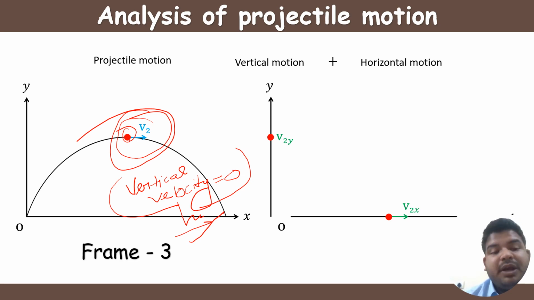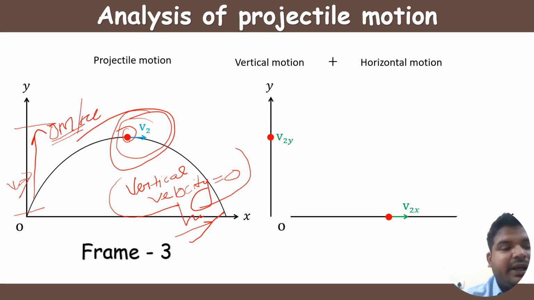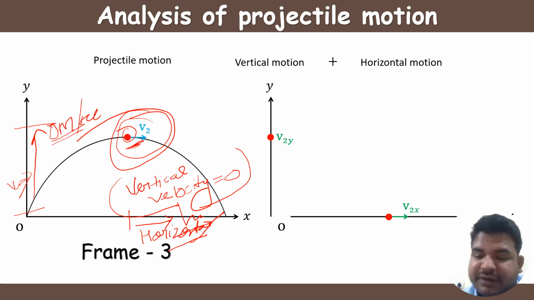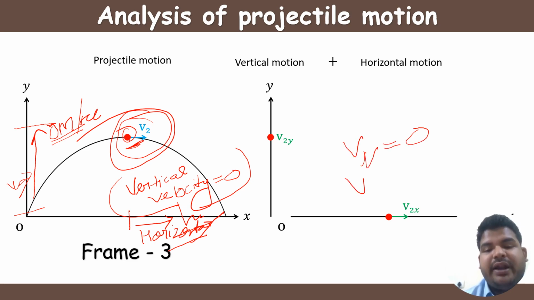How is it zero? Because when the vertical velocity reaches its maximum height, its value becomes 0 meter per second. And what remains? Only the horizontal velocity. So at the top of maximum height, only one thing remains, that is horizontal velocity, and vertical velocity is equal to 0, and Vx remains as it is.